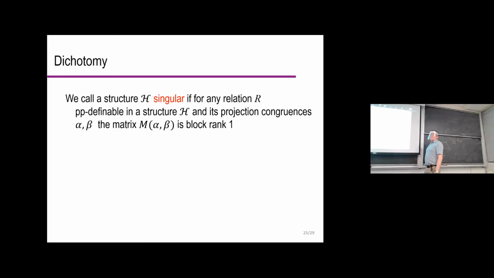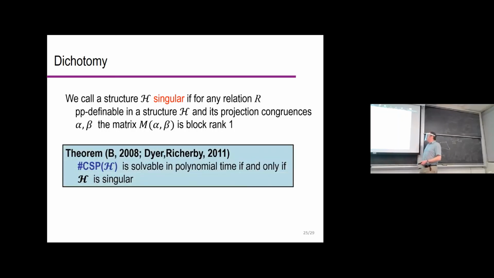Okay, and now we can state the result. We call a structure singular if for any relation that is pp-definable in that structure, and for its projection congruences alpha and beta, the matrix is block rank 1. So that's singularity, and that's exactly when the CSP is solvable in polynomial time.